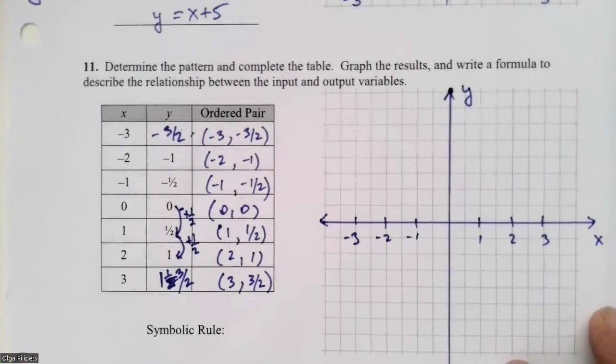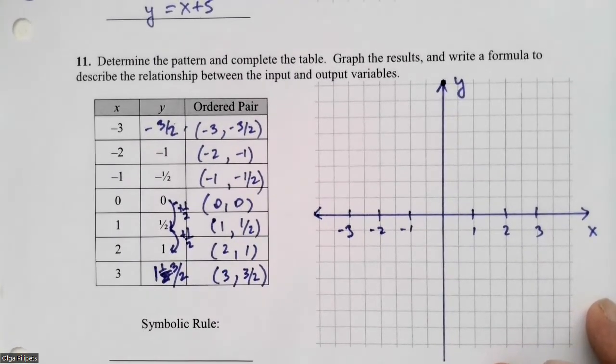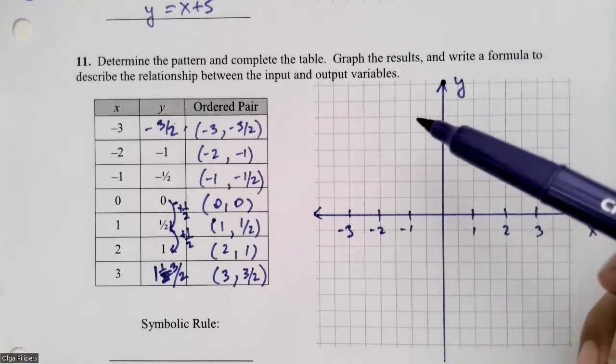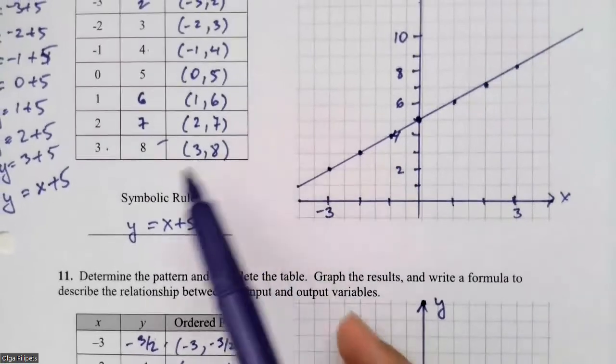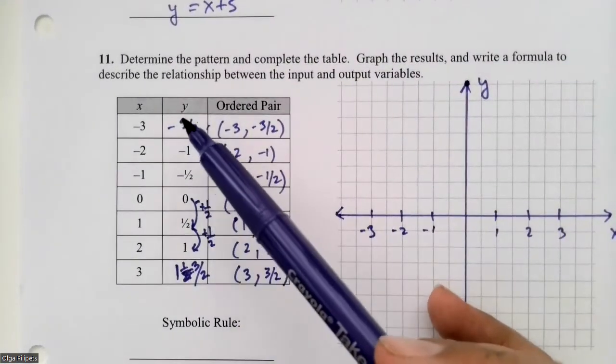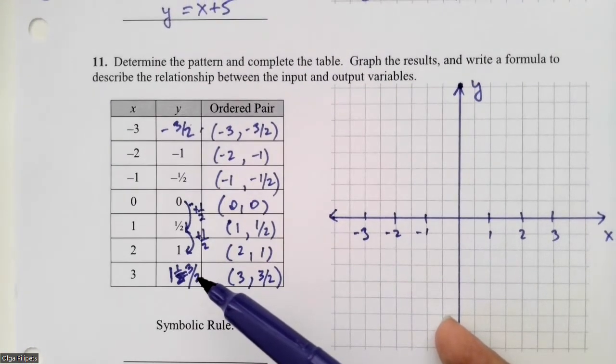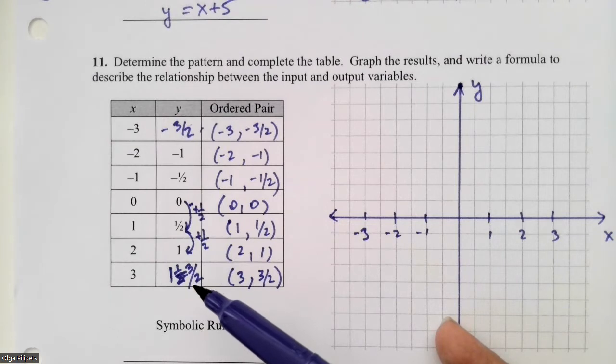So here are my x and y axes. Now for the y value, like in the previous one, I had to accommodate like 8. We don't have anything like that. Here, my highest value is 3/2, which is between 1 and 2.